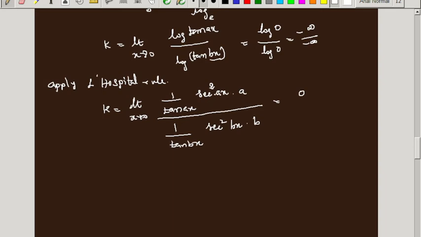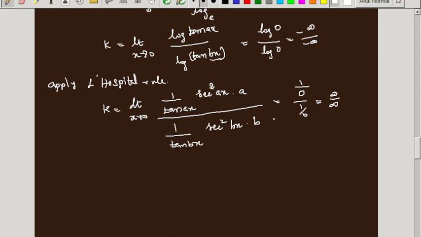So here if we apply 0, secant 0 is 1, dividing by tan 0 is 0, so in the denominator we get 1 dividing by 0. So both are indeterminate forms. So instead of this one, we can do the alternative method.